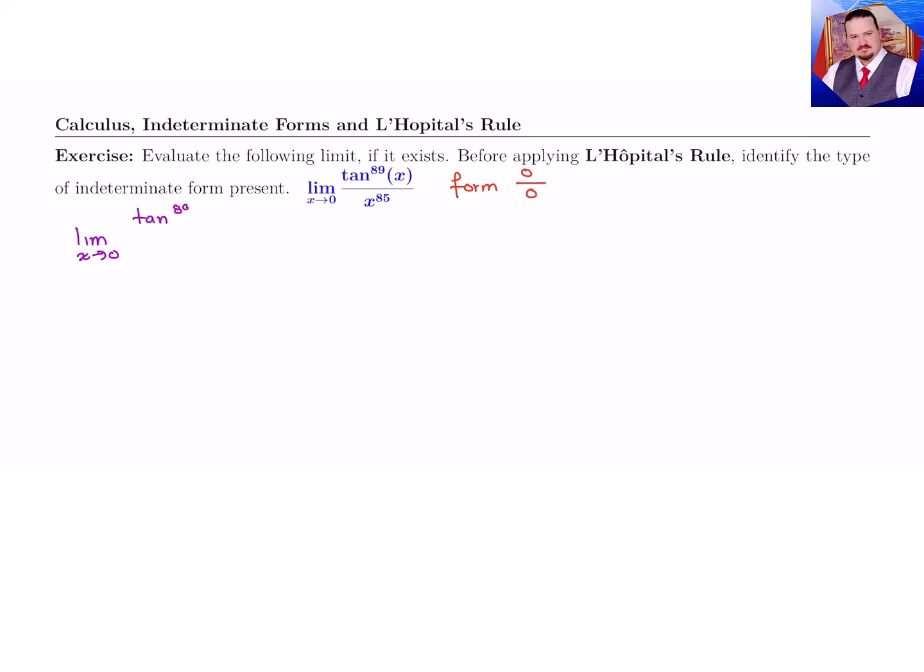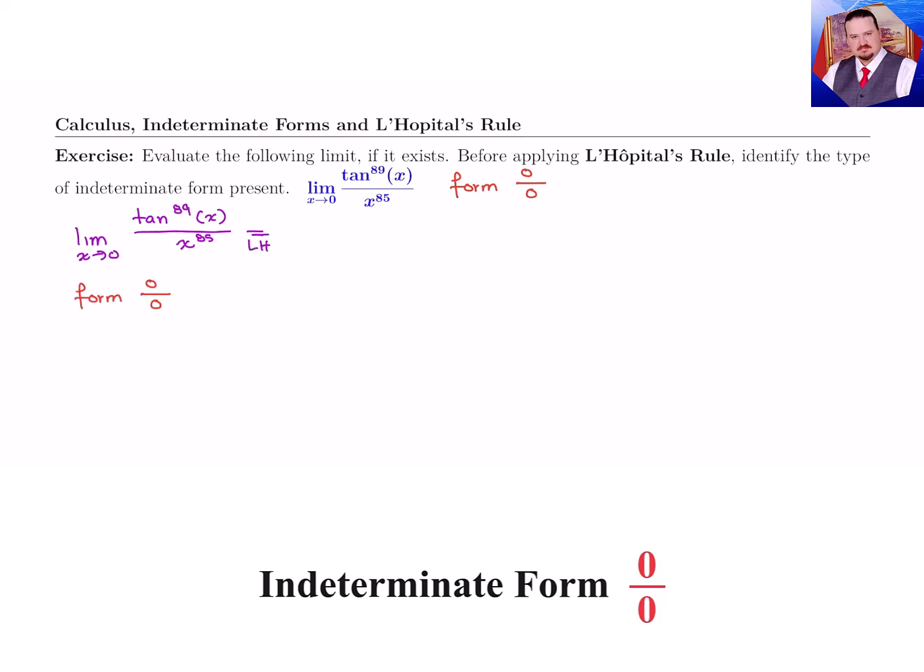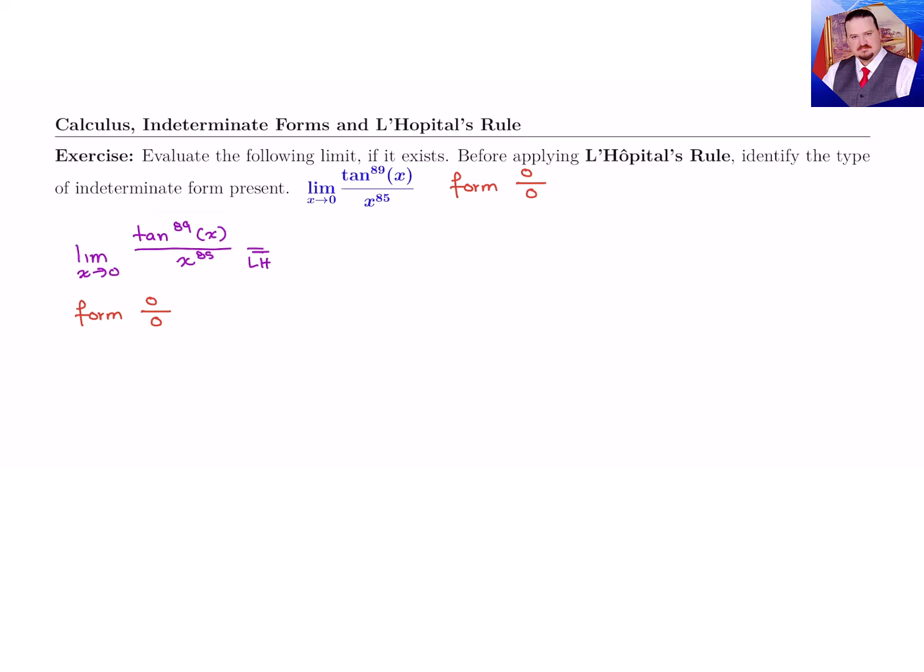Okay, so here's the original problem. So let's try L'Hopital's rule. It has the correct form. So what would we get? Well, the tangent derivative is not bad. Chain rule, of course, but 89 tangent to the what? 88, subtract 1.